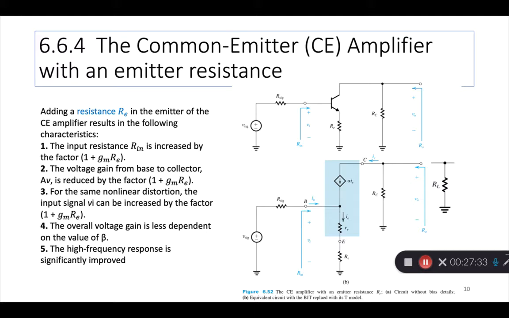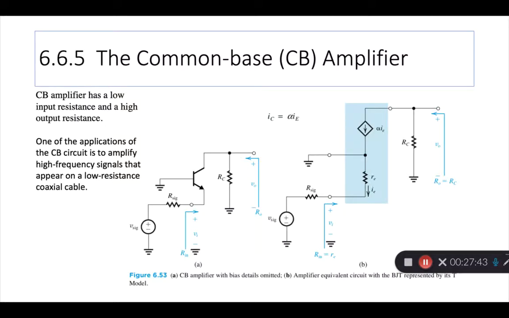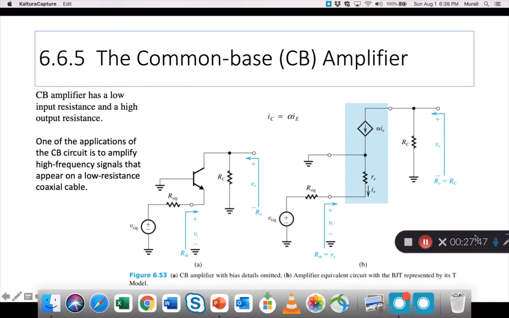And how do you do that? One tool that we have is to introduce a resistor in the emitter. Okay? So that's the benefit of having a common emitter amplifier with one extra component, which is the resistor in the emitter circuit. Let's then look at the common base amplifier.